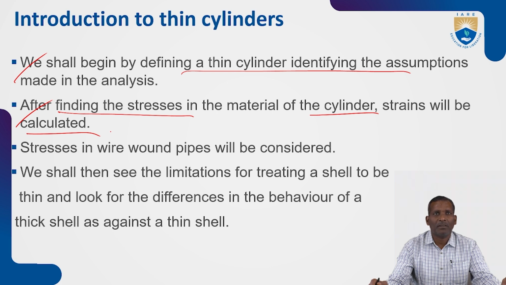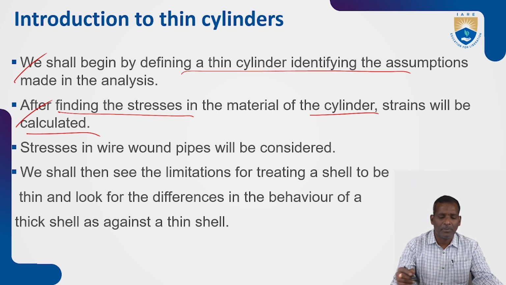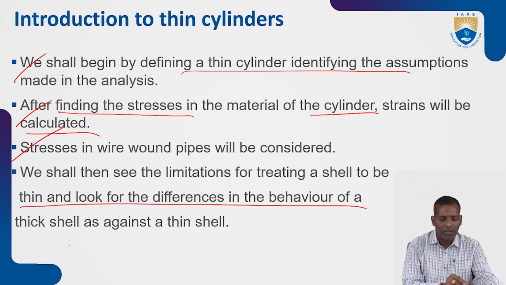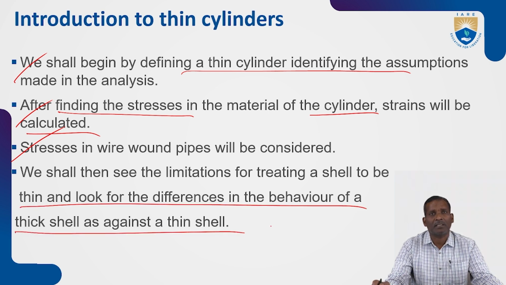Stresses in wire wound pipes will be considered. We shall then see the limitations for treating a shell as thin and look at the differences in the behavior of a thick shell as against a thin shell.